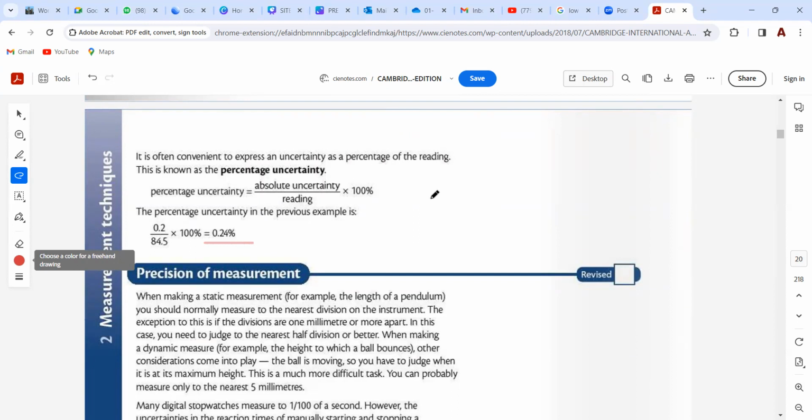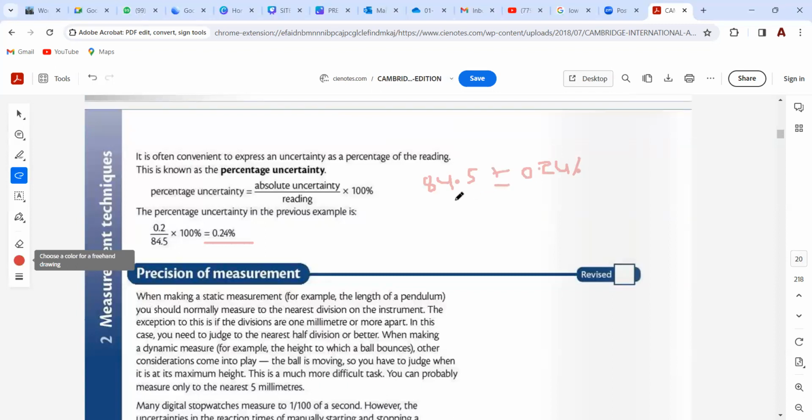We talked about these three different styles of writing uncertainties in yesterday's class as well, if you remember. Uncertainty could be written as a percentage as well. For example, if let's say we write 84.5 plus minus 0.24%.